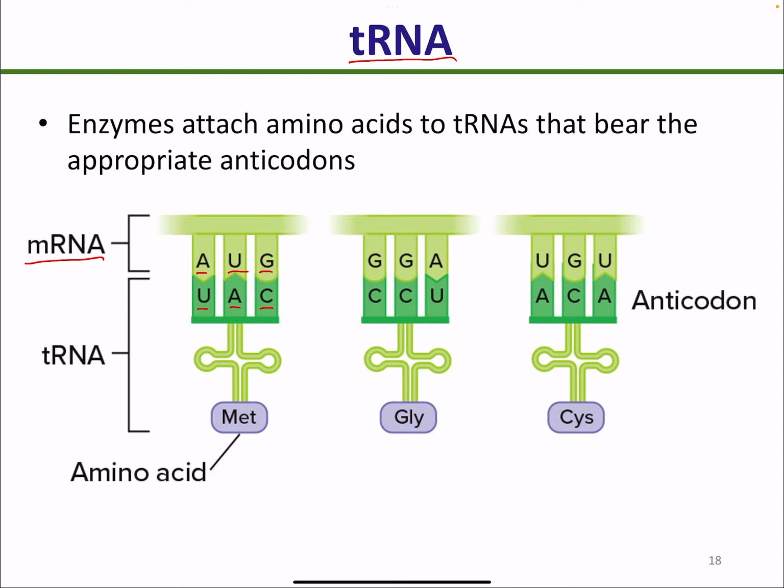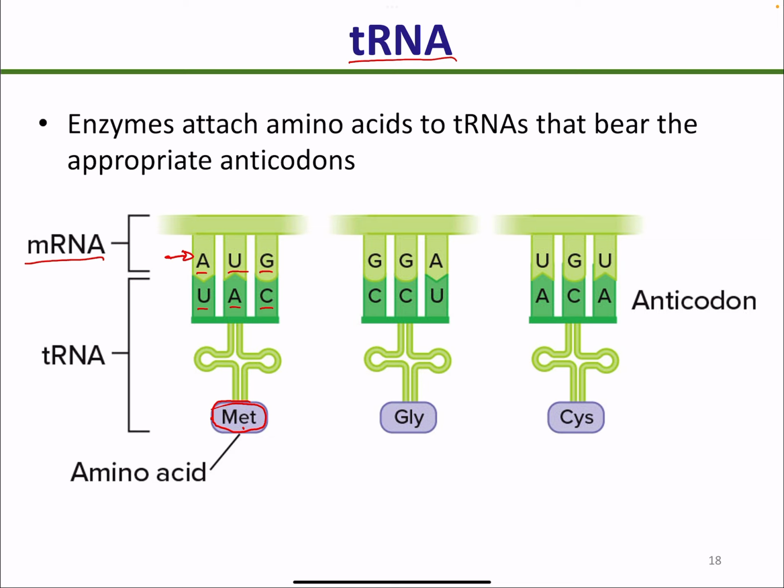Now, for the anticodon UAC, the transfer RNA is going to carry the amino acid methionine. That methionine is the equivalent of this AUG sequence.